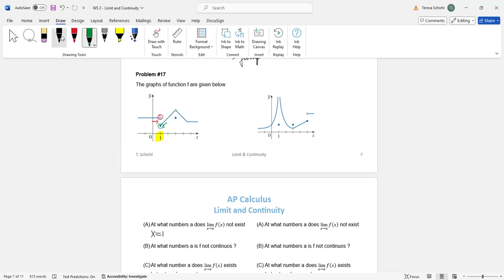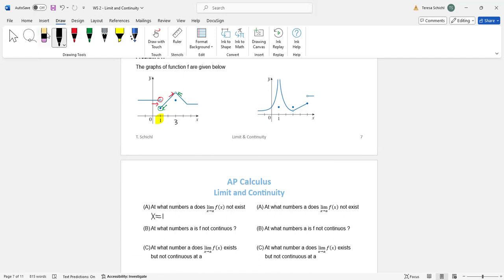How about this one, 1, 2, 3? So for the limit as x approaches 3, the limit exists because you're approaching from the left hand side and from the right hand side, and they approach this same value here. So at 3 the limit exists. So the only number where the limit does not exist is 1. Now the next thing they ask us is at what number is f of x not continuous? Obviously, if the limit does not exist, it's not continuous.